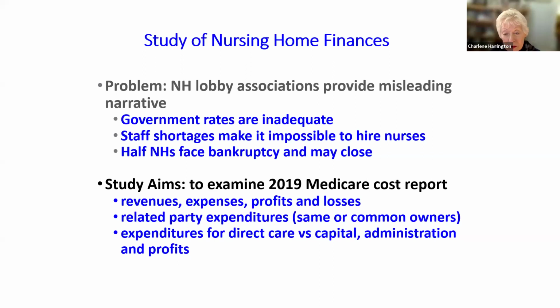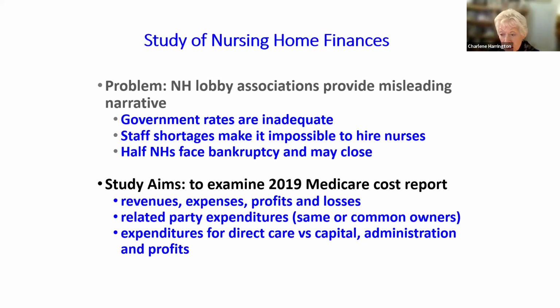They can't hire staff, there's shortages, they can't pay them more. And they claim that half of the nursing homes are facing bankruptcy and may have to close, especially the rural homes. So we selected the 2019 Medicare cost reports to examine prior to the pandemic, because that was the most complete data at that time.